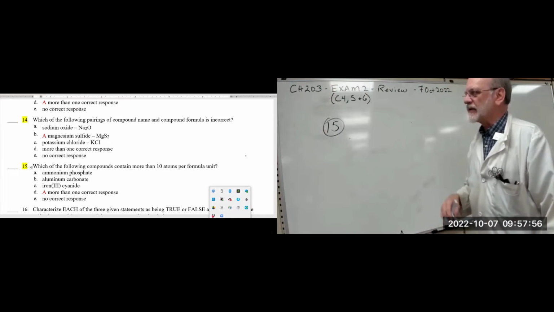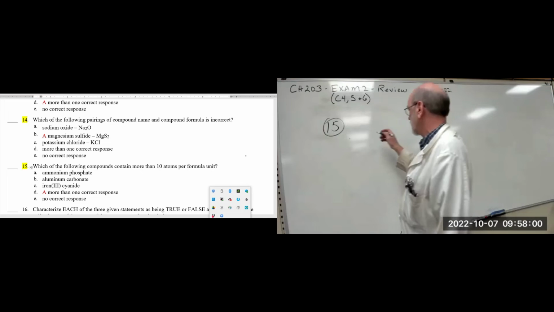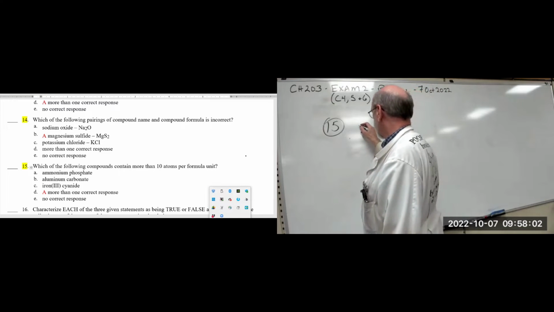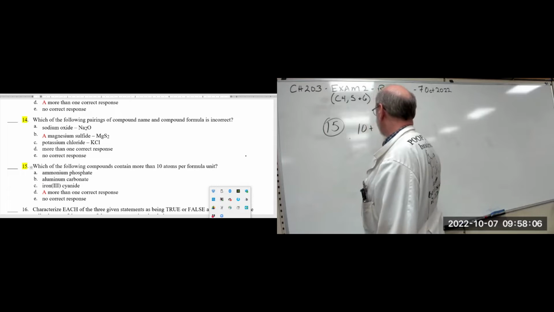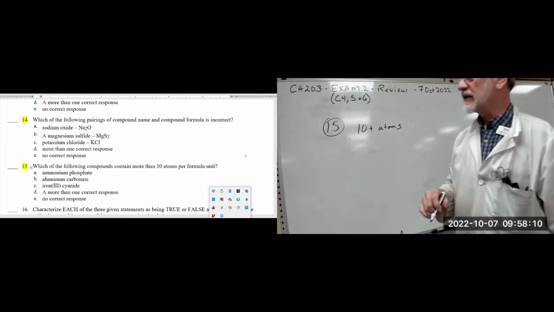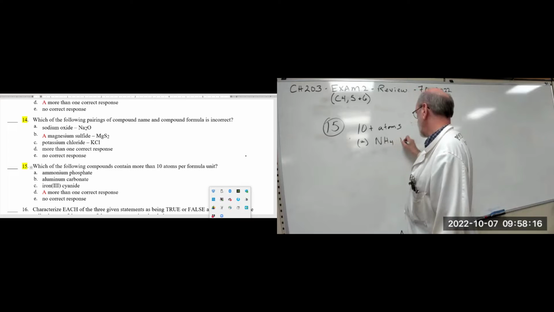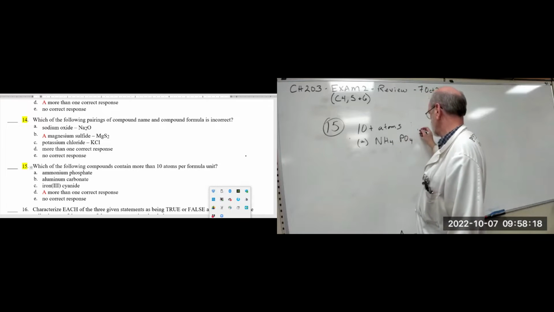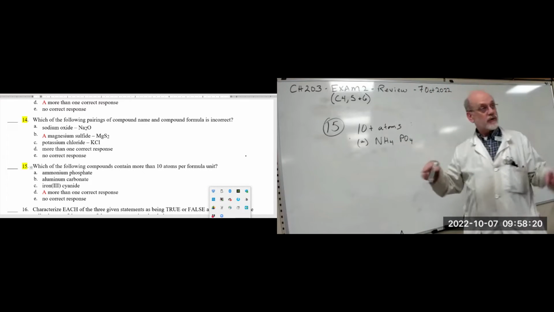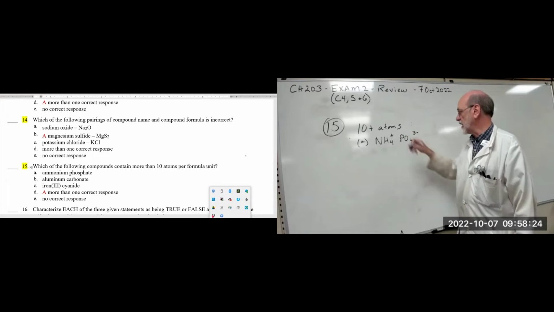Which of the following compounds contains more than 10 atoms per formula unit? 10 plus atoms. All right, so let's write the compounds. A, ammonium phosphate. They're both polyatomic ions. This is a 3-, this is a 1+.